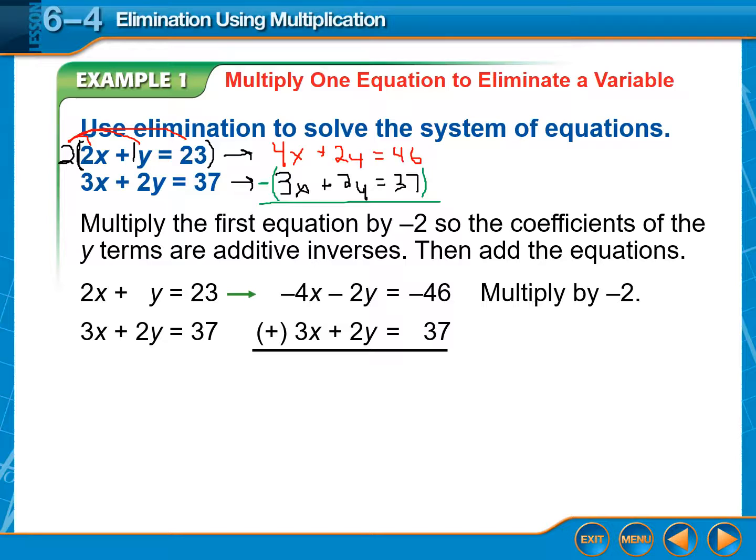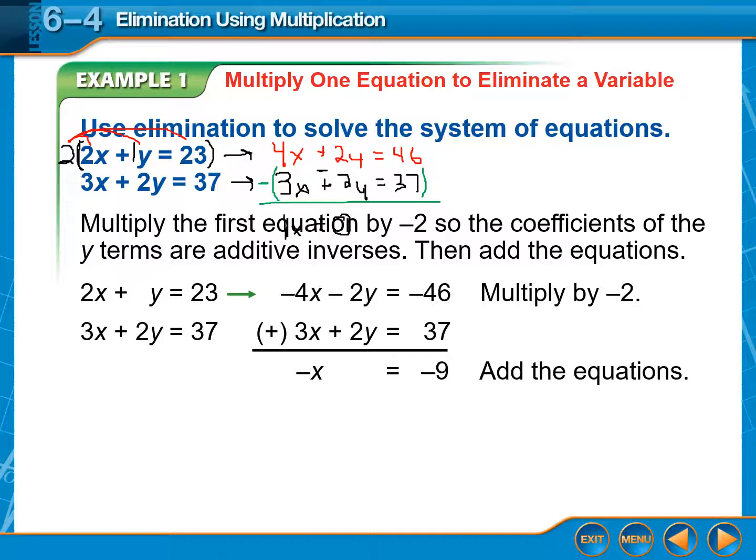Well, if I take 4x and I subtract 3x, 4x minus 3x is 1x. And when I do 2y minus 2y, think of that as a negative, so 2y minus 2y is going to be 0.